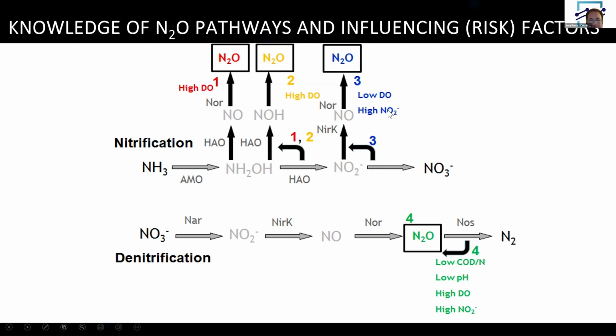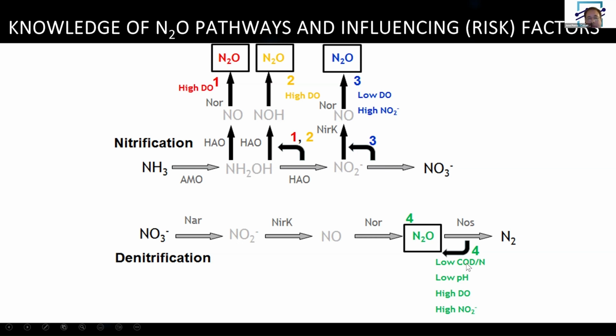We can only see what's happening on an operational level. And through the research, these operational conditions or influencing factors have been directly linked to risk of producing N2O, because they directly impact what's happening at a metabolic level. So we can have N2O in nitrification, we can have N2O emissions due to high DO conditions, but we can also have N2O emissions due to low DO conditions. Nitrate is another big factor in denitrification.